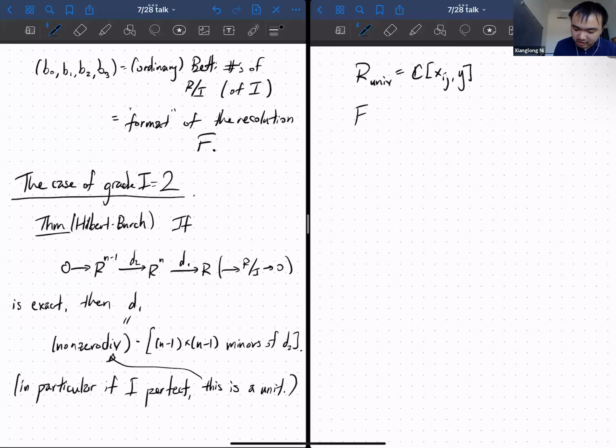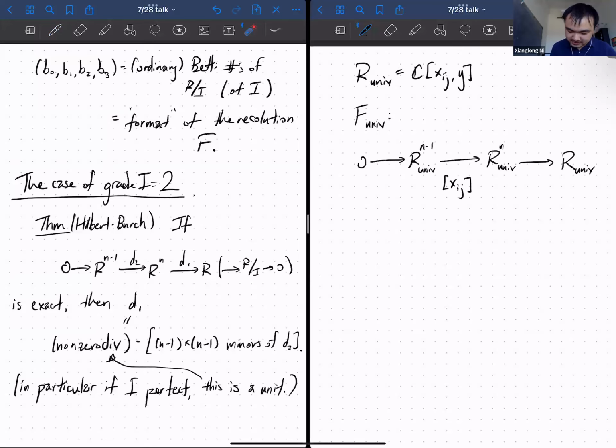You can define the complex where this is the generic matrix in the variables x_ij, and then you have the same recipe as given here, so this is y times the n-1 by n-1 minors.